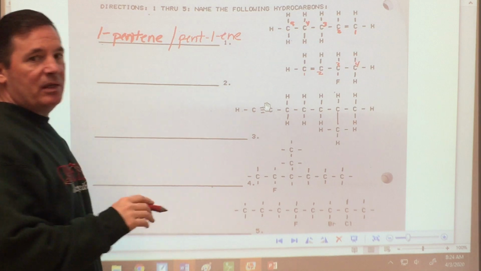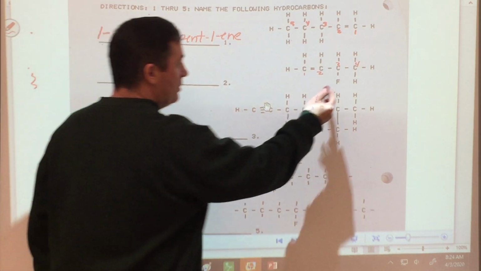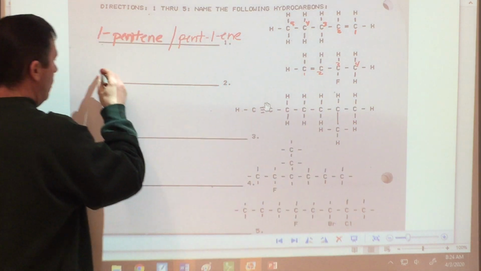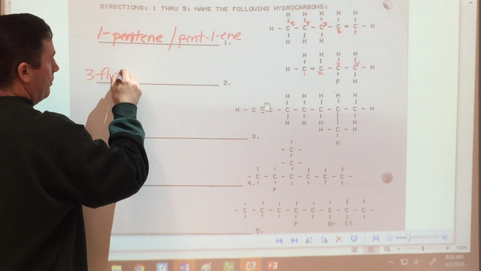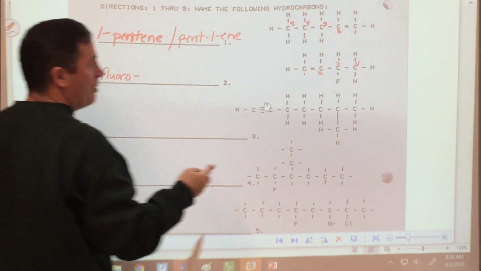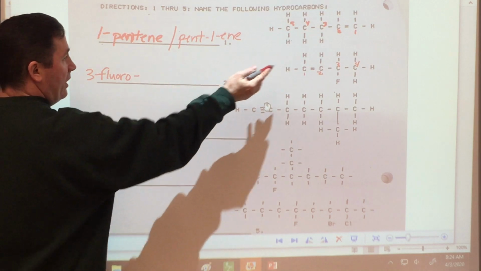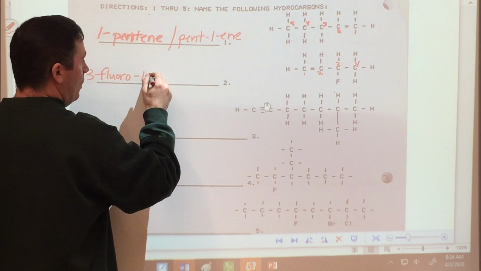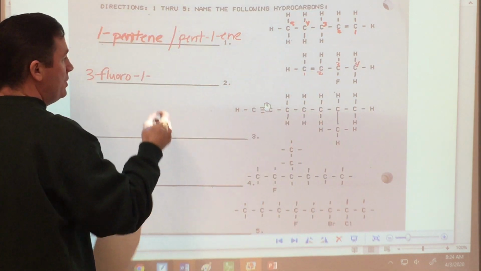But I still name it with the substituents at the beginning. So this is 3-fluoro. 1, that's where my double bond is. I don't have any other substituents. 1, and it's 4 long, so that's but.